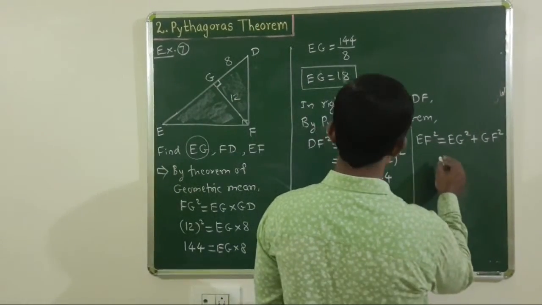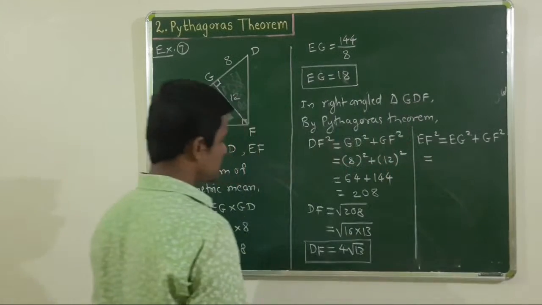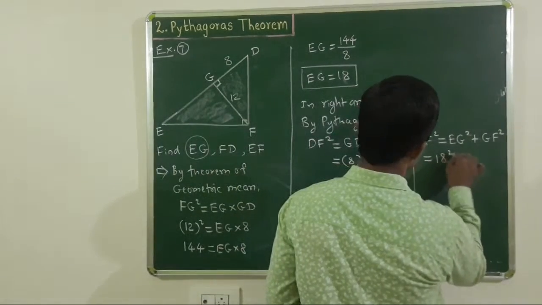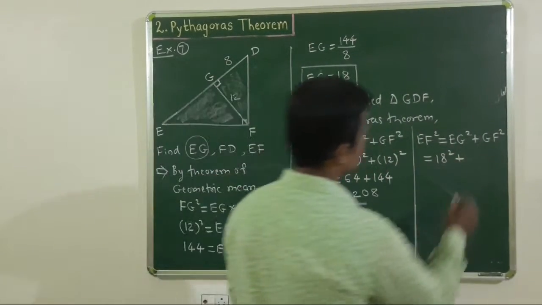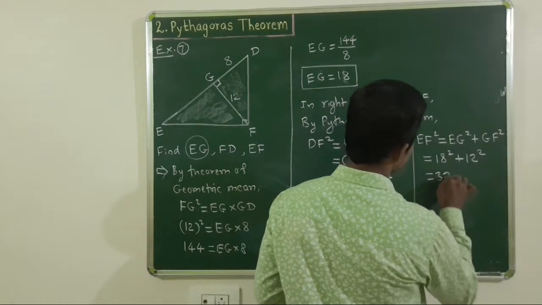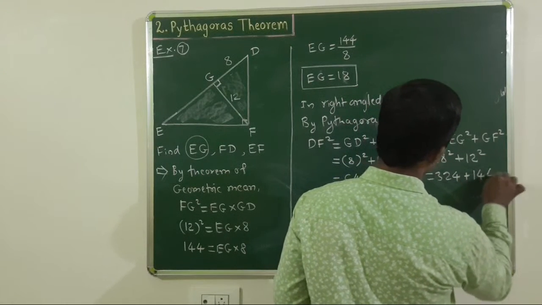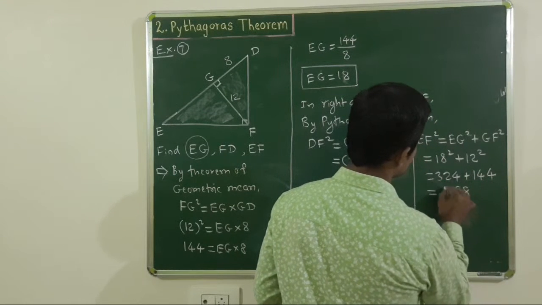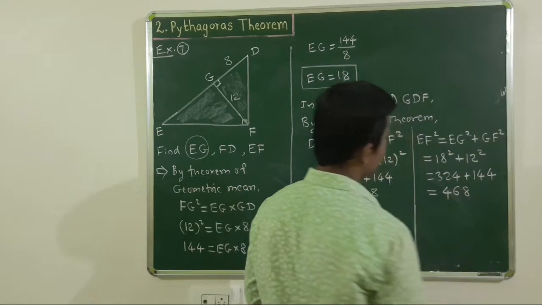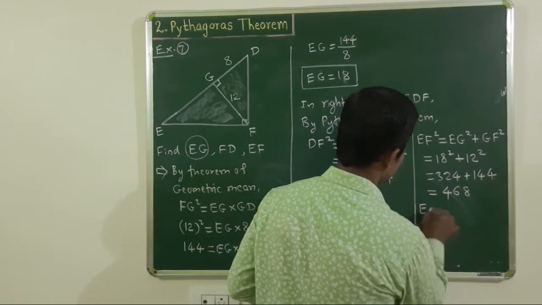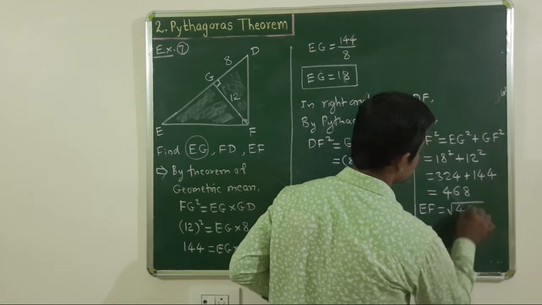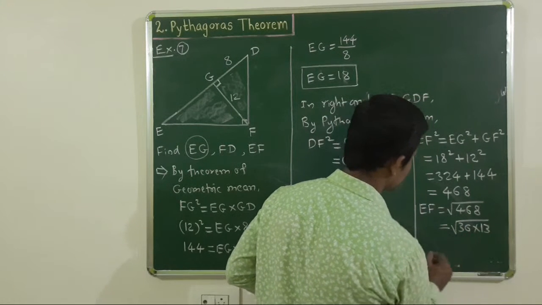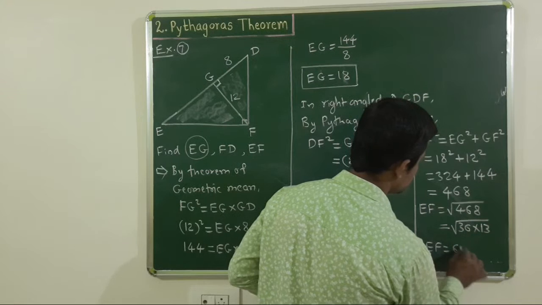Now putting values, EF square is equal to EG square, EG is 18, 18 square plus GF is 12. 18 square is 324 plus 12 square is 144, that is equal to 468. Therefore, EF is equal to square root of 468, that is equal to 36 into 13. Therefore, EF is equal to 6 root 13.